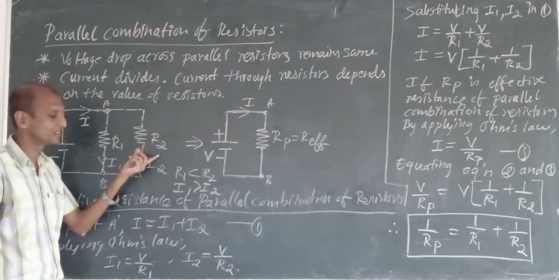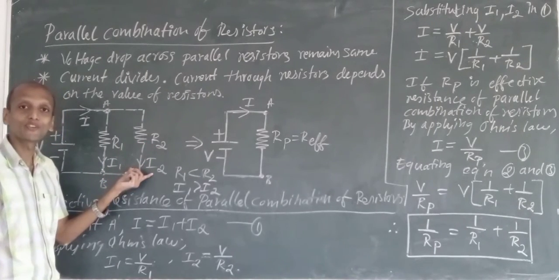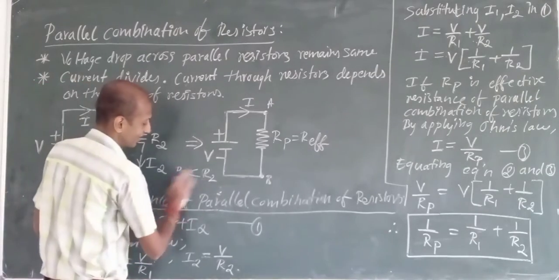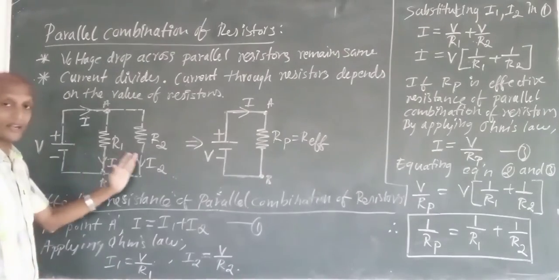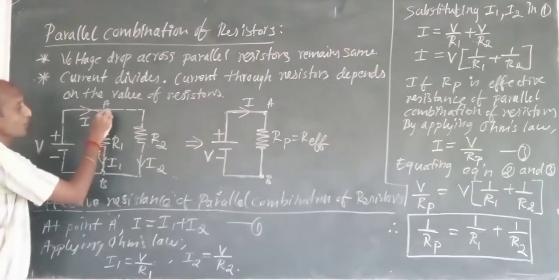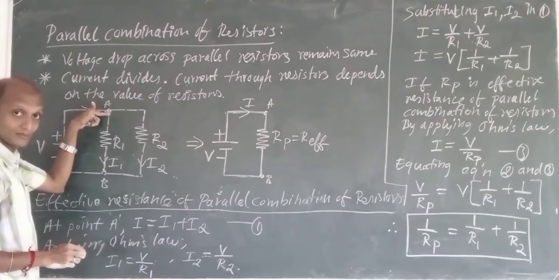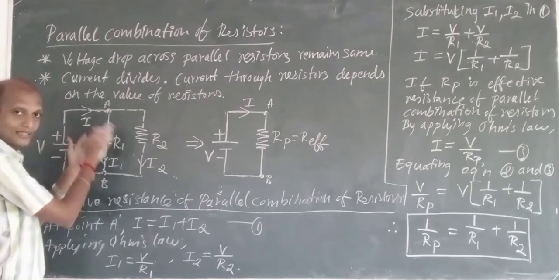Here we have more opposition, because of that I2 will be less. In this way I can have I1 and I2 as two currents which divide when I comes to this point.